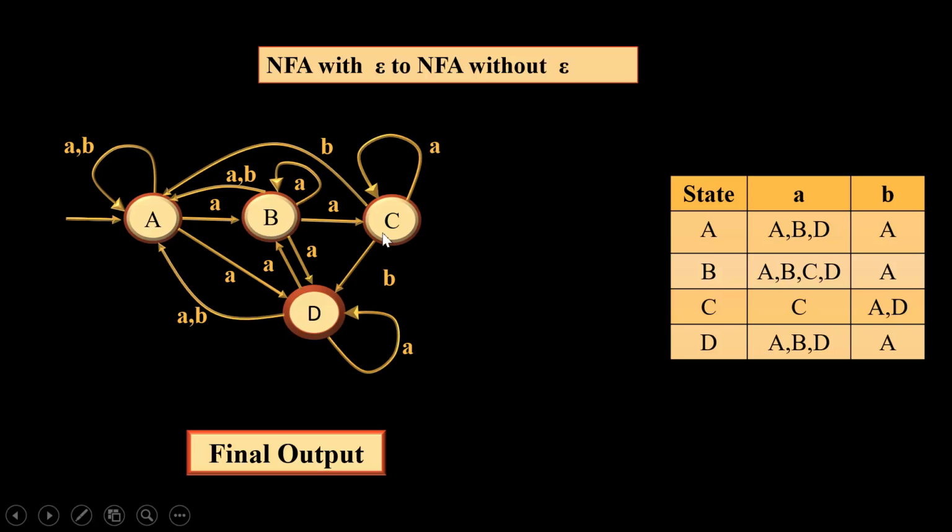On B it has a move from C to A and C to D. And last is D. D, comma A is A, B, D, and on B it has only D to A. So this is the final output. This is the NFA with epsilon converted to NFA without epsilon.